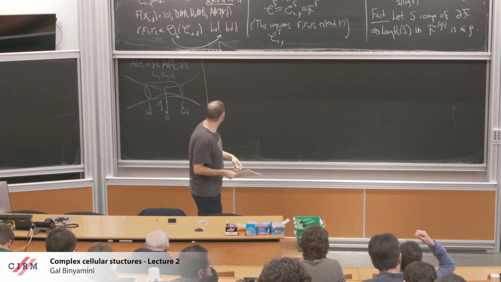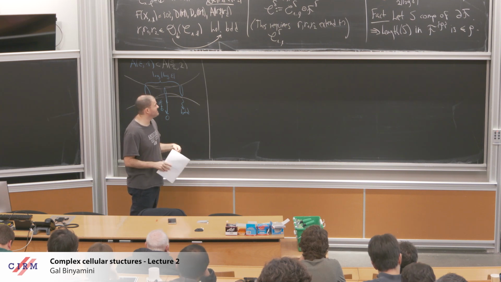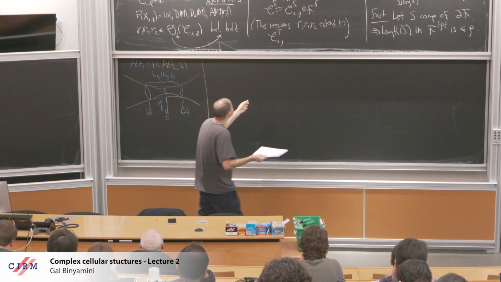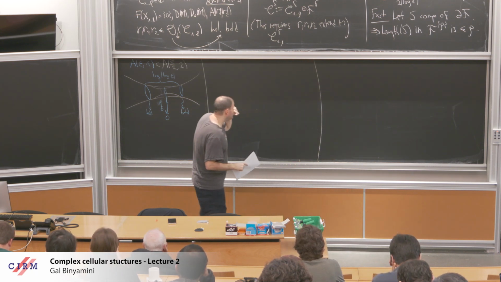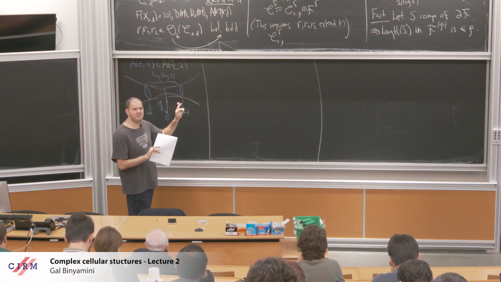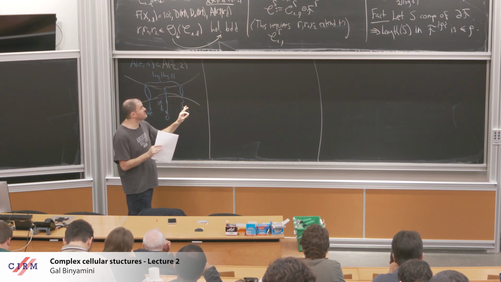Okay, I want to state the main theorem about complex cells, but for that I will need a few small definitions, so I apologize, bear with me. The first definition is to remedy a certain problem with this analogy with the real case that I've hidden under the rug.